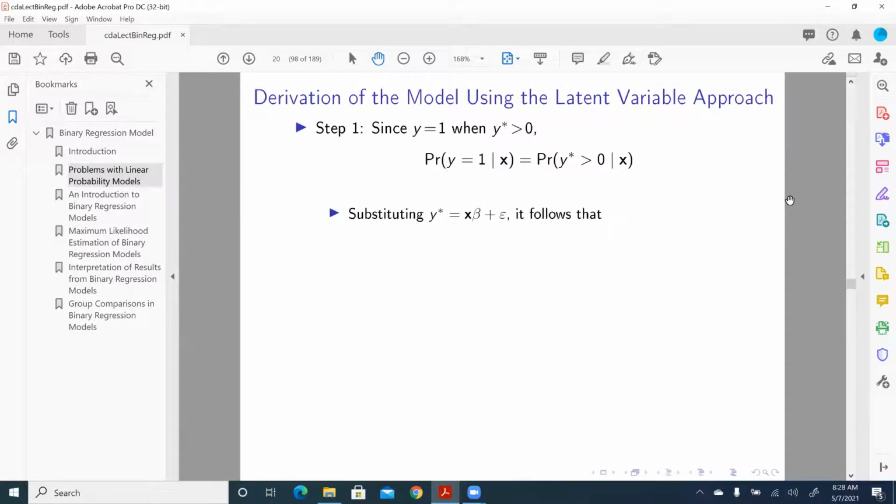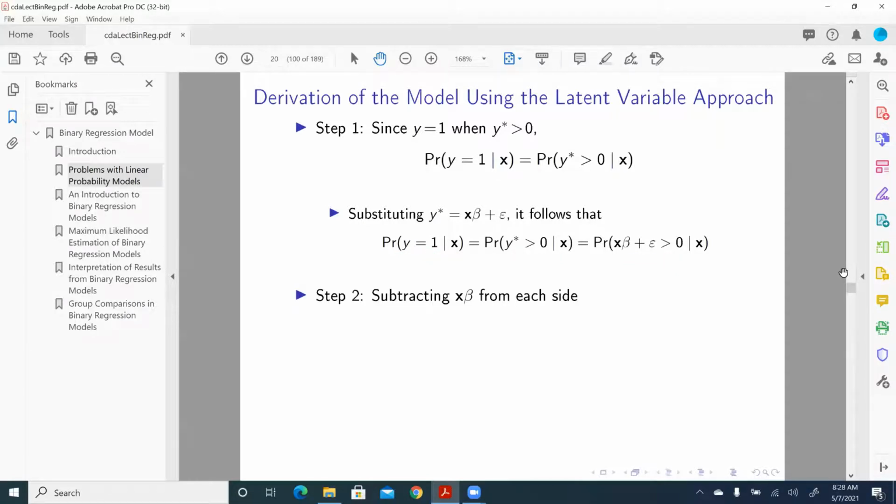And we can substitute y star with x beta plus epsilon. What do we get? The probability y equals 1 given x is equal to this one and equal to this one. The only thing I did was to replace y star with x beta plus epsilon, which is, again, the assumption we made, the structural model.